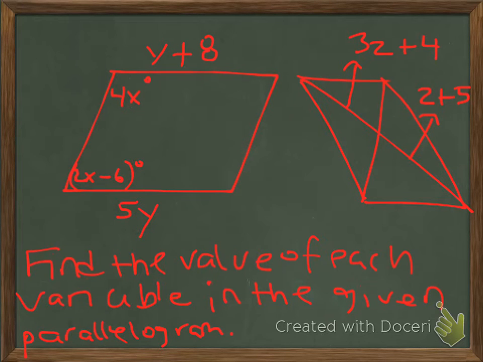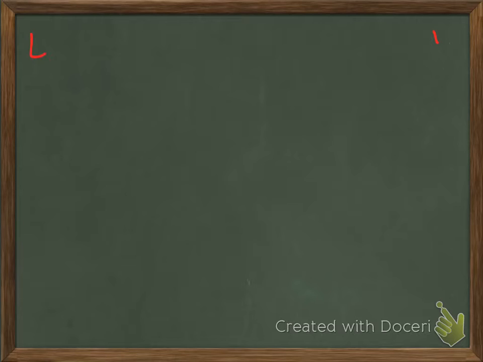Well, to find the variables where you have the x's, we have 2 consecutive angles here. So we know that those add up to 180. So we're going to do 4x plus 2x minus 6 equals 180. And that's how we're going to get x.